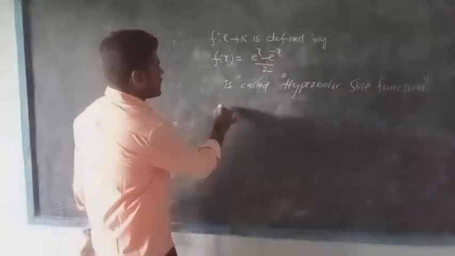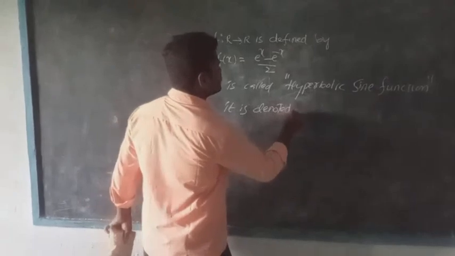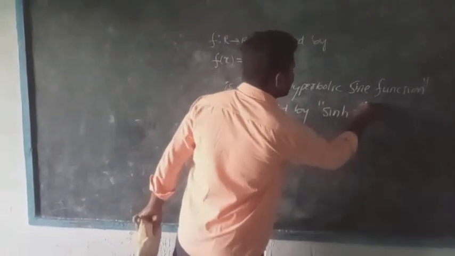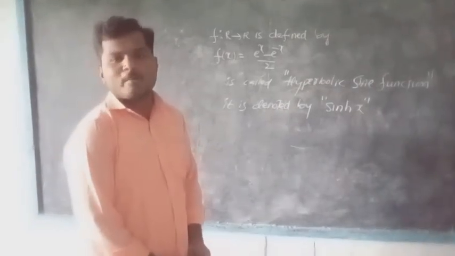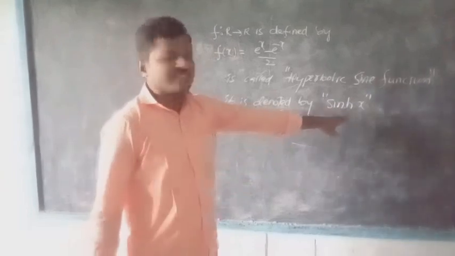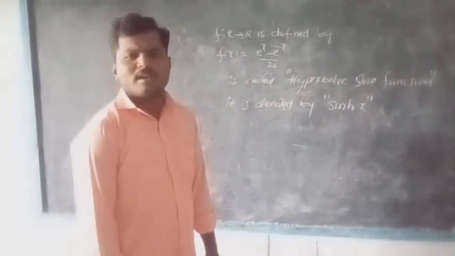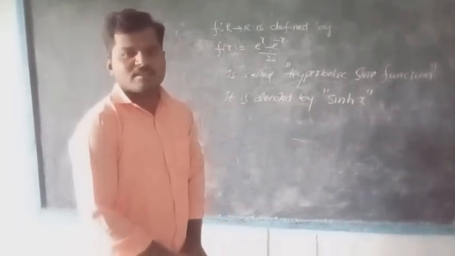It is denoted by sin hx. H is nothing but the form of hyperbola. Sin hx is nothing but the trigonometric ratio in terms of hyperbolic functions. Sin hx can be read as the hyperbolic sine function.